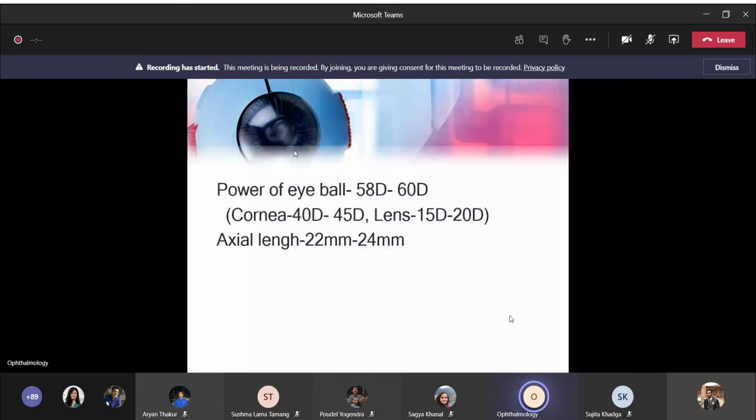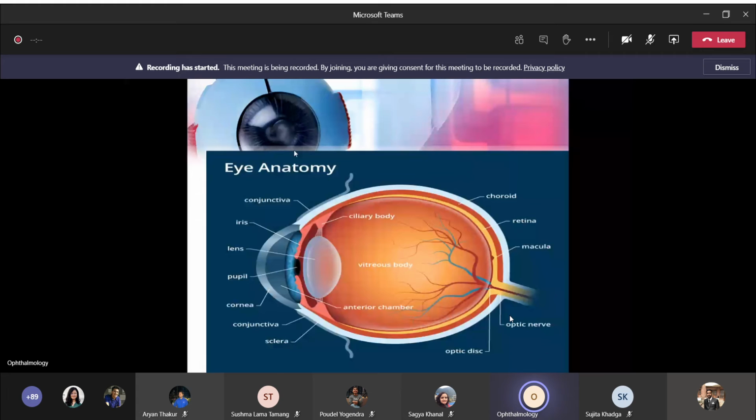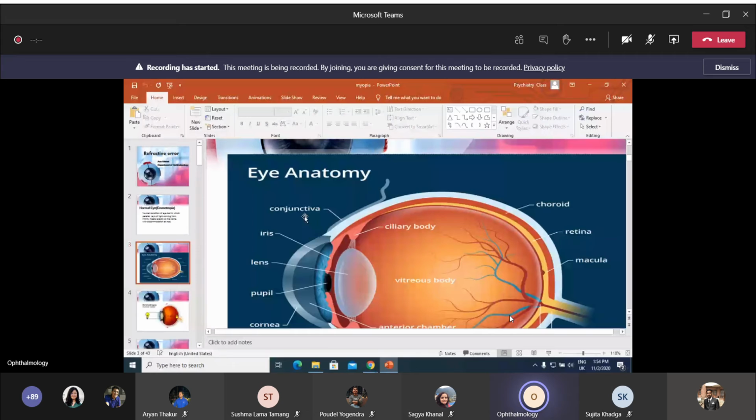In a normal eye, the total power of the eyeball ranges from 58 diopter to 60 diopter, and the axial length, I think you do not know about axial length, so I will briefly tell you about the anatomy of the eyeball. Here you can see the transparent part, which is called the cornea, and behind the cornea there is a gap filled with aqueous humor.